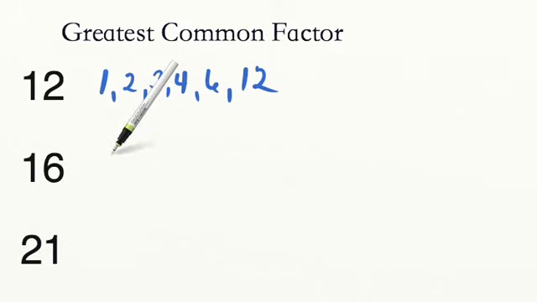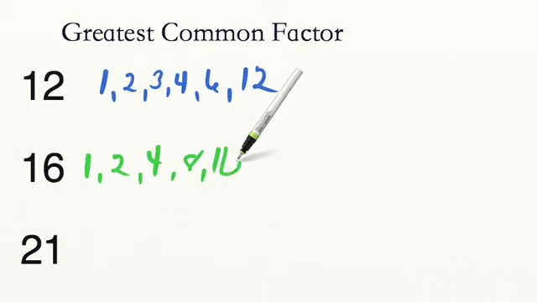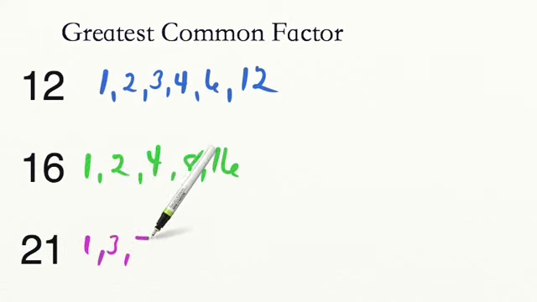Moving on to 16: 1, 2, 4, 8, 16. And finally, 21: 1, 3, 7, and 21. All right, here's your task. Can you find the greatest common factor for these 3 numbers?